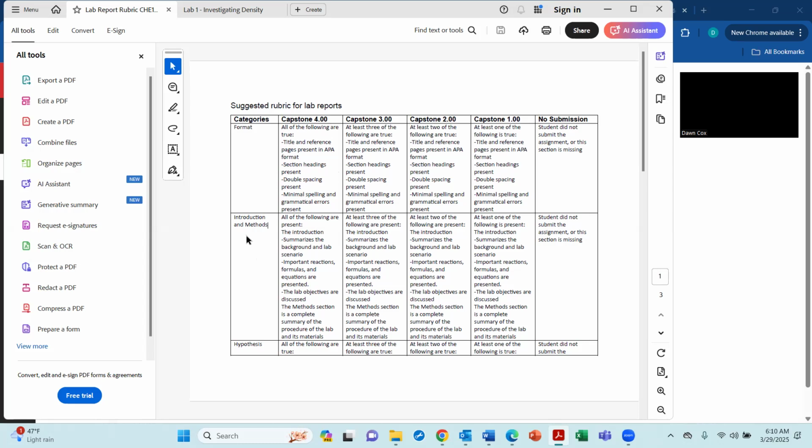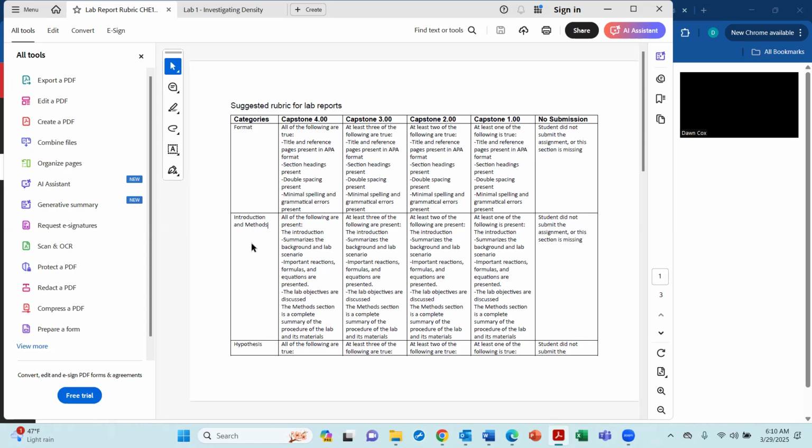All right, the second category is introduction and methods. So what I'm doing here is combining the introduction and the methods and materials section together. Remember that the introduction section is basically a summary of the background, right? And the methods and materials section is a summary of the procedure.